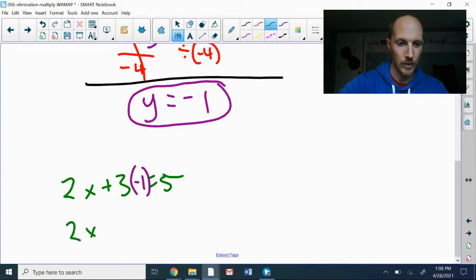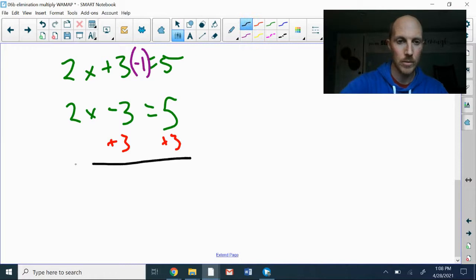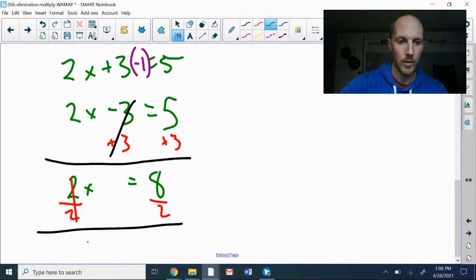So here we go, 2x minus 3 equals 5. Okay, solving for x. In order to do that, I'm going to do plus 3 on both sides. These will cancel. 2x comes down. 5 plus 3 is 8. Divide by 2. Divide by 2. Cancels. X equals 4.